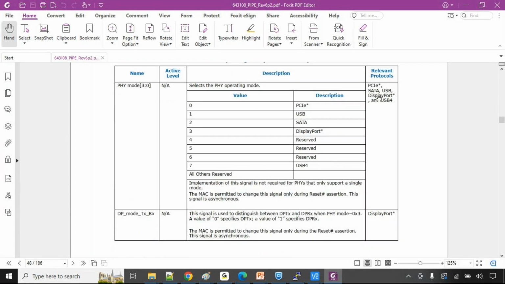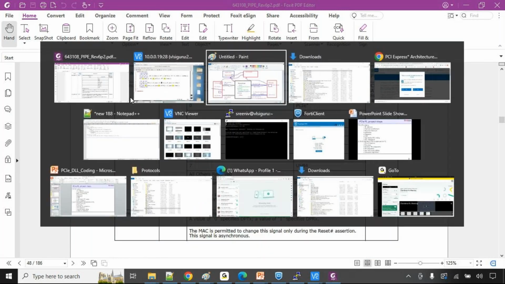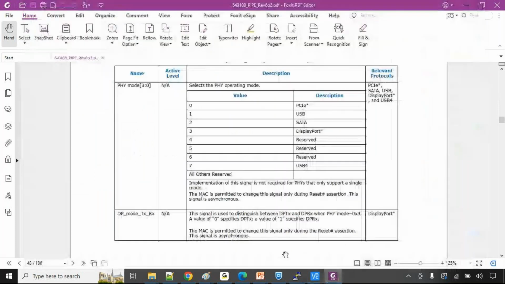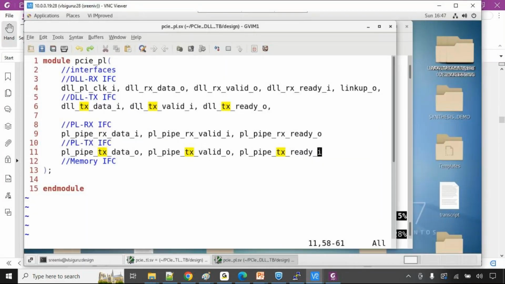So PHY mode is applicable. This will be at what interface? What is the direction of that? Is PHY mode an input or output? Somewhere they would have written. DisplayPort PHY mode will be an input to me basically. If it is input, it will be part of which interface?